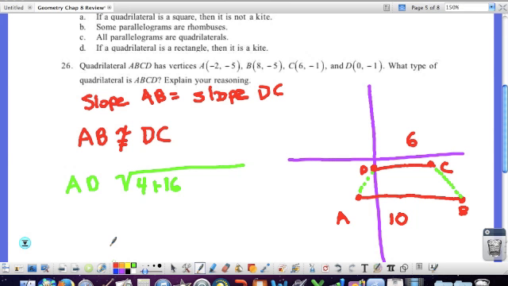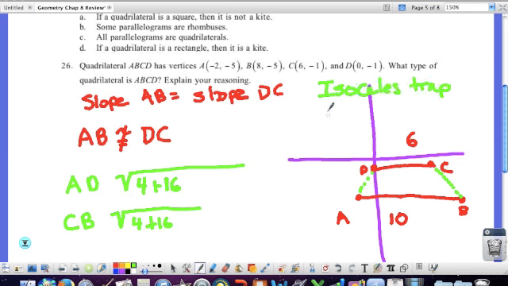So the length of CB. Okay? 8 minus 6 is 2 squared, that's 4. -5 minus -1, so -5 plus 1 is -4 squared is 16. So these are congruent. So the most exact name is an isosceles trapezoid.